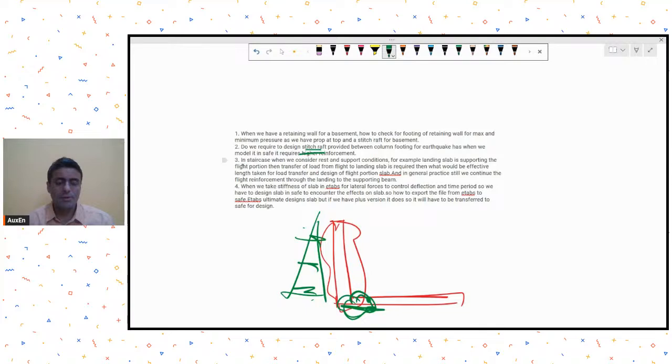I don't know. In staircase, when we consider rest and support conditions, for example, landing slab is supporting the flight portion, then transfer of the load from flight to landing slab is required, then what would be the effective length taken for load transfer?